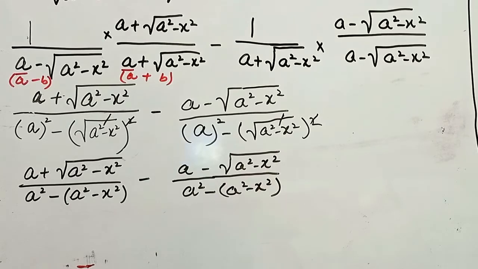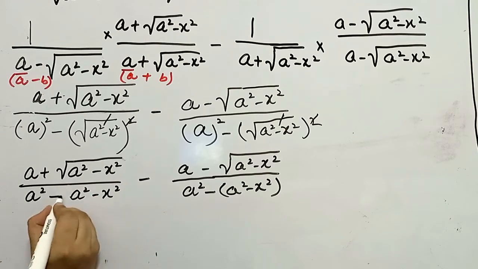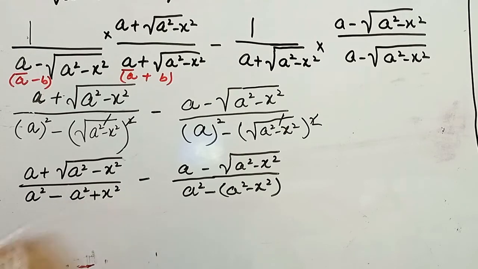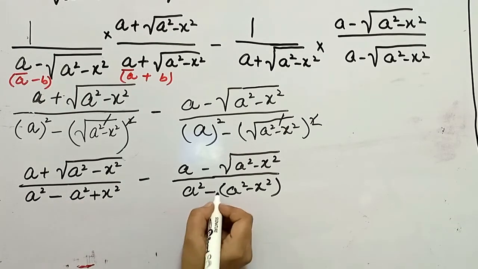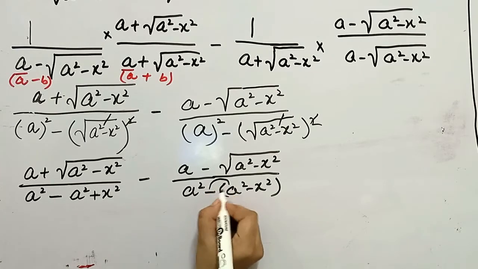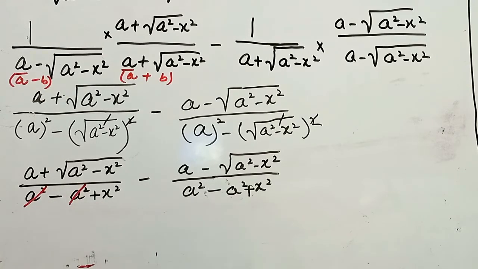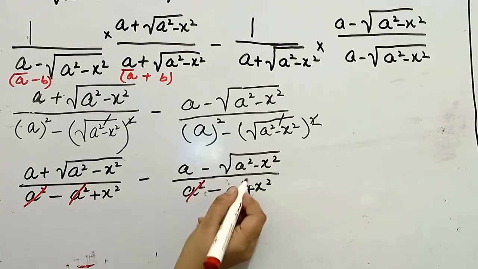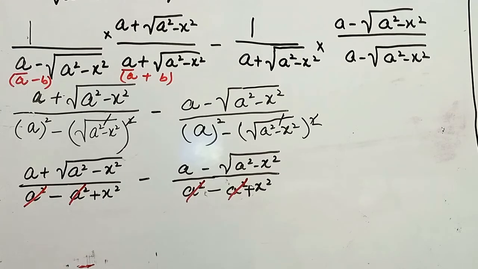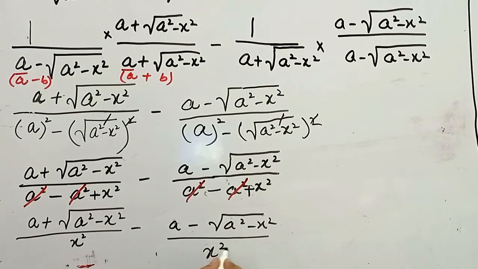When we open this bracket, this will be minus and minus minus plus. Again minus plus, minus minus and minus minus will be plus. Minus is positive, a square minus a square cancels. So for the remaining, we take the LCM.